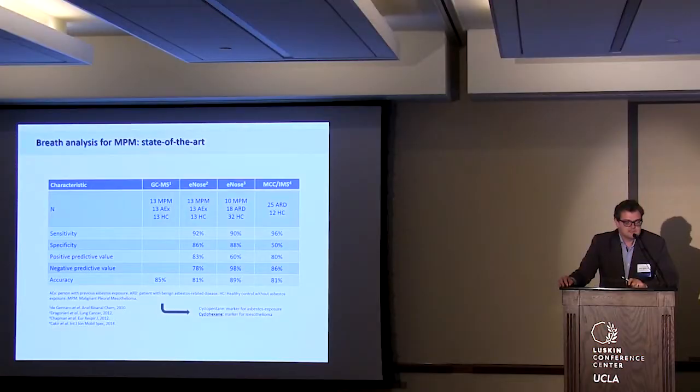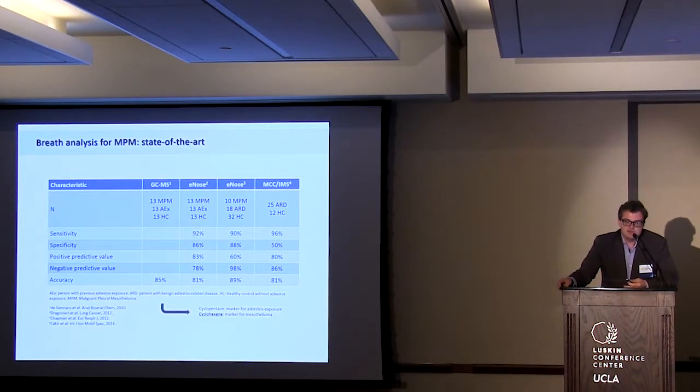Before we could start testing, we did a literature search, and what we found was a bit disappointing for mesothelioma. We found 4 studies. The first one used gas chromatography and mass spectrometry, including only 13 mesothelioma patients, 13 patients with an exposure to asbestos fibers in the past, and 13 healthy controls.